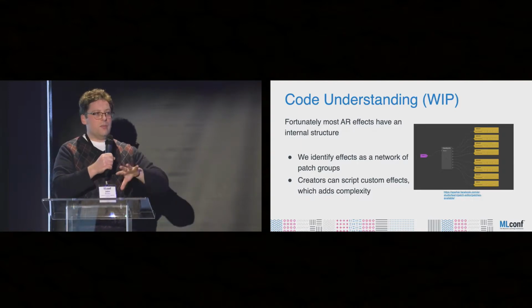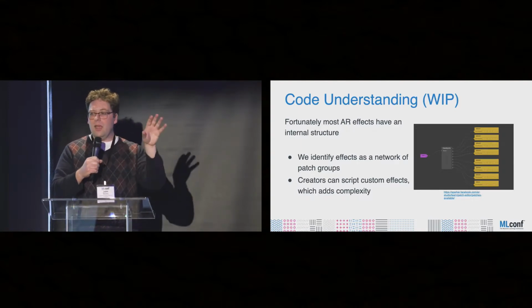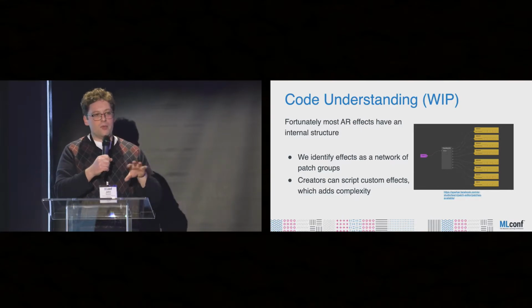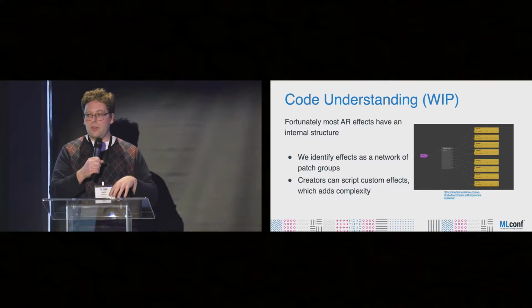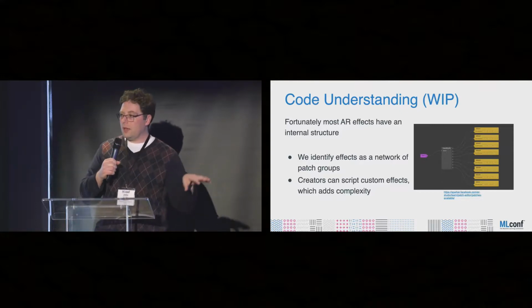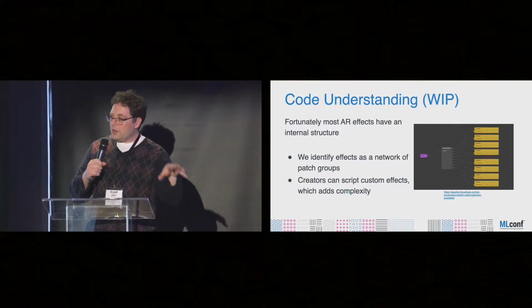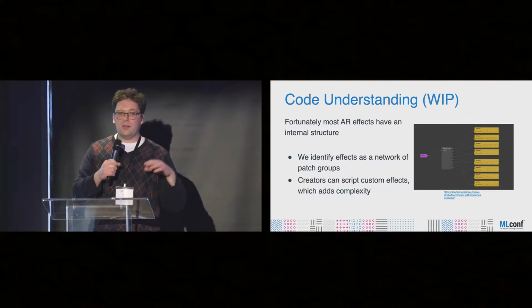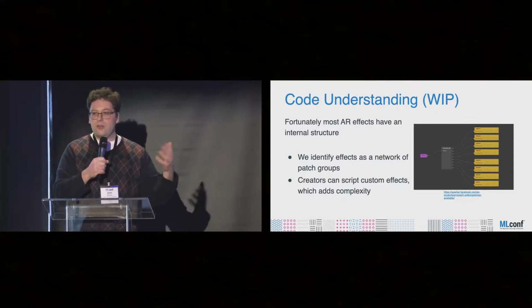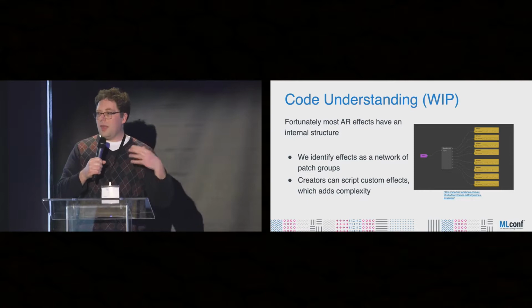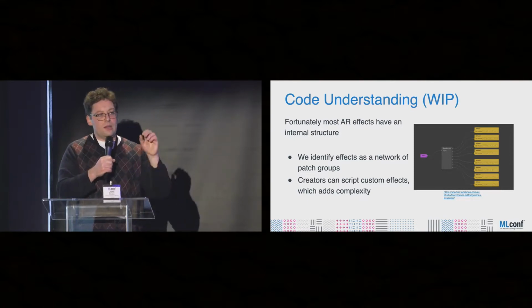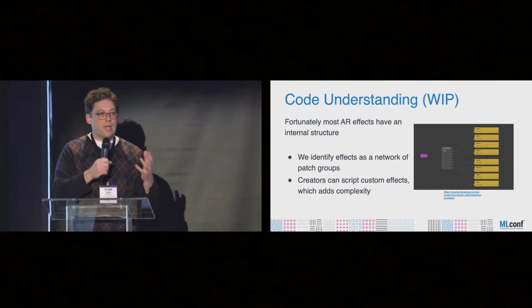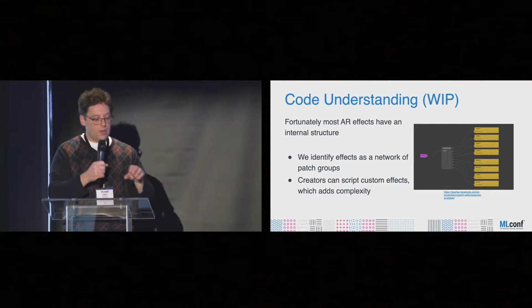And if an effect is made of enough of these, if we can identify common small-scale graphs within the universe of effects, we can help categorize those as an initial attempt. It's going to ignore some of the custom behavior. As new functionality gets rolled out, we're not always going to get there, but at least for most of the effects that we see, especially if you're using default templates, that's going to capture the underlying effects. So not looking at it as a component-wise effect, but looking at it from how the functionality is linked together within the network.